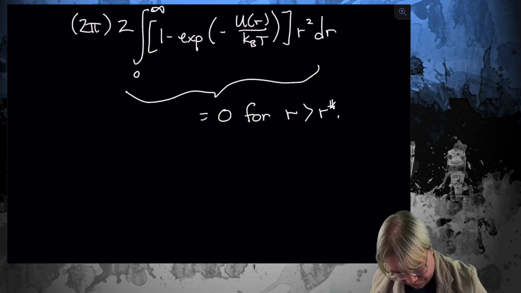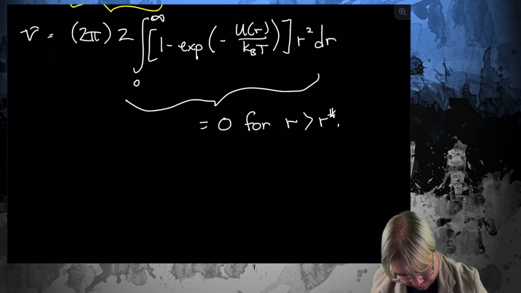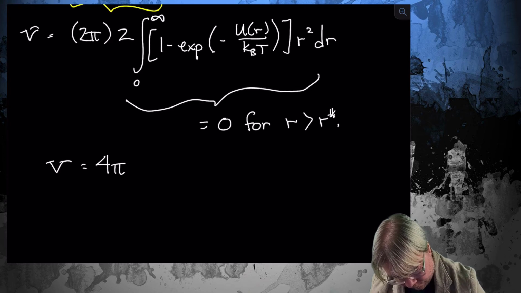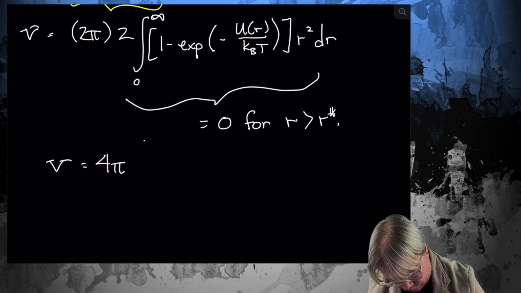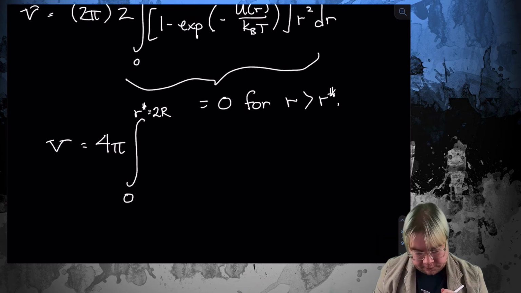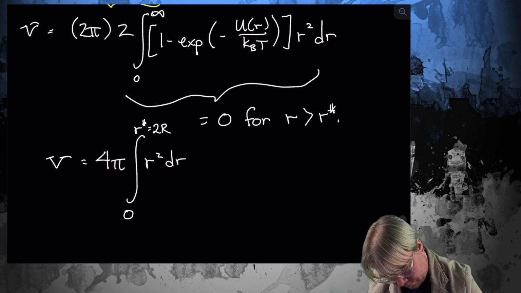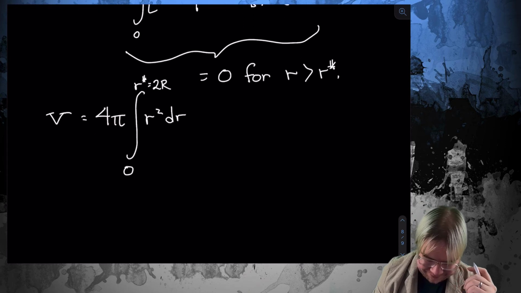So what we're left with for this integral, which gives us the excluded volume, is 4 times pi times the integral from 0 to r star, and r star is equal to 2 times the radius of the particles. And then all we're left with is r squared dr. Not so bad, right? We can integrate r squared dr.